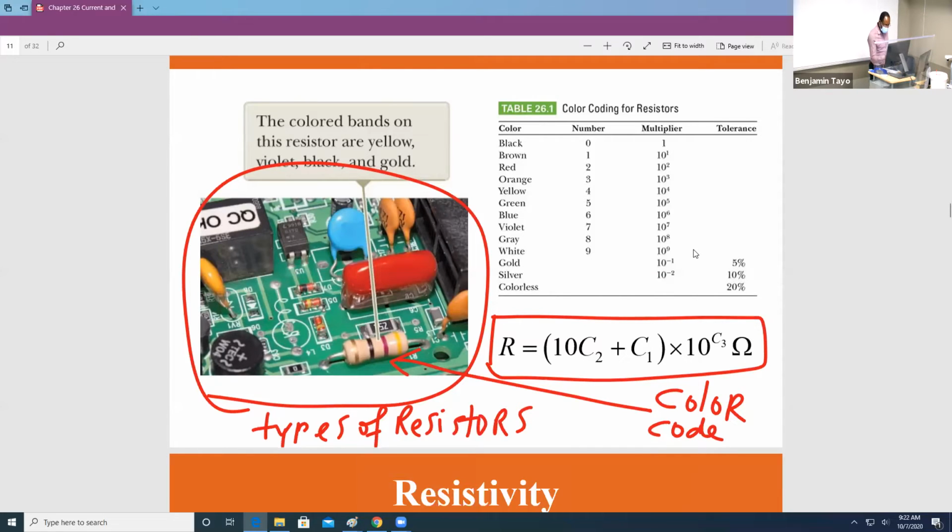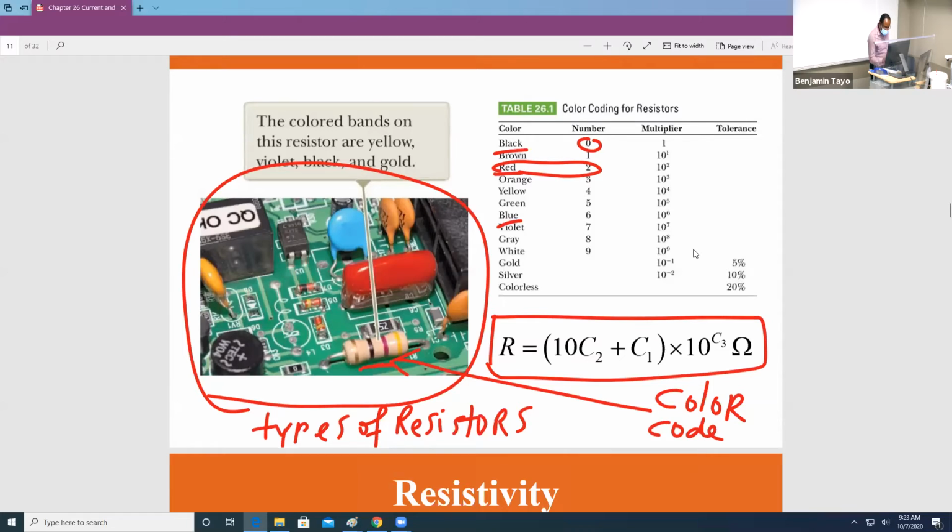For example, if I have a resistor with those lines, say the first one is red, the second one is black, and the third one is maybe blue, then I need to take those numbers here. If the first one is red, then the first value is 2.